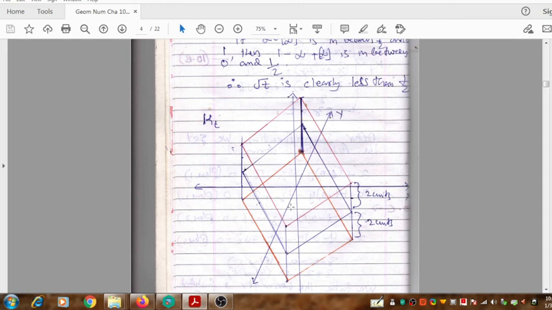Here you can see this is the x-axis and this is the y-axis. The prism is mounted over the xy plane, on the xy plane.